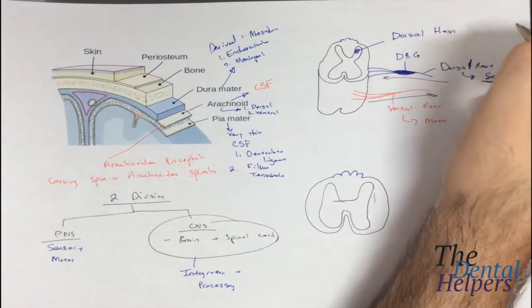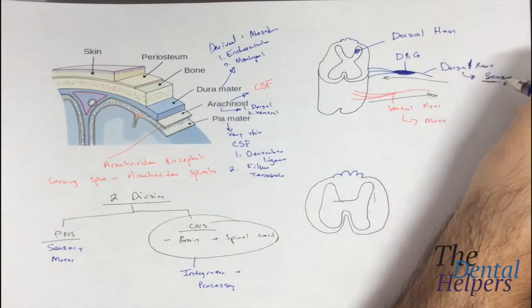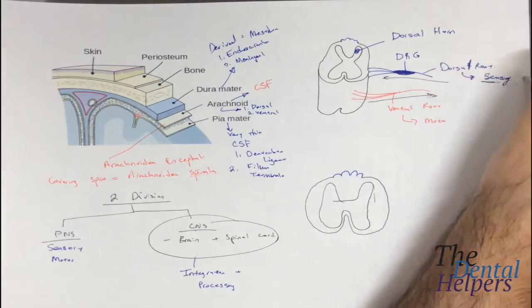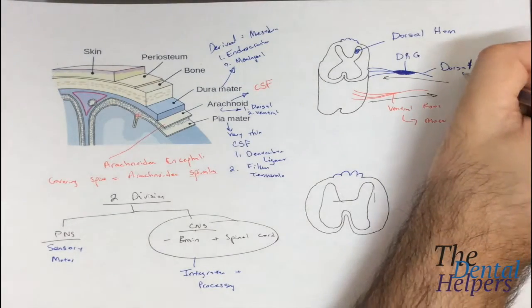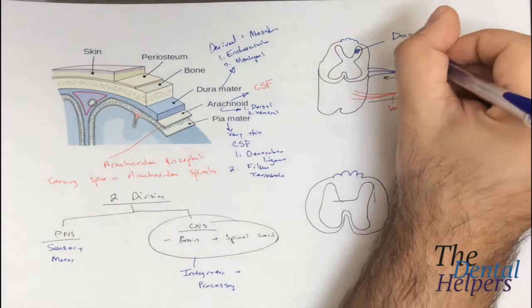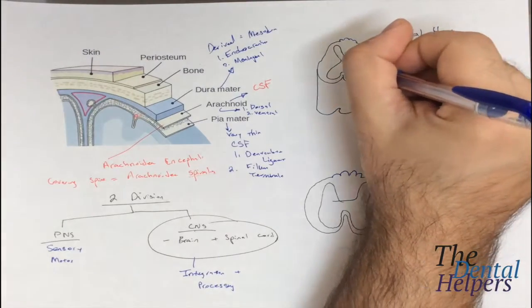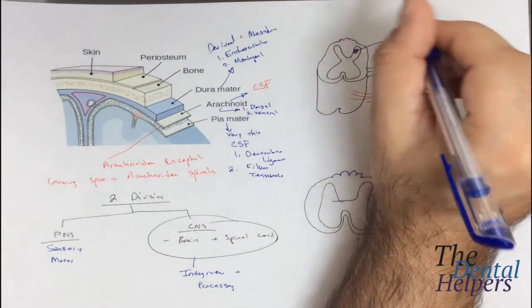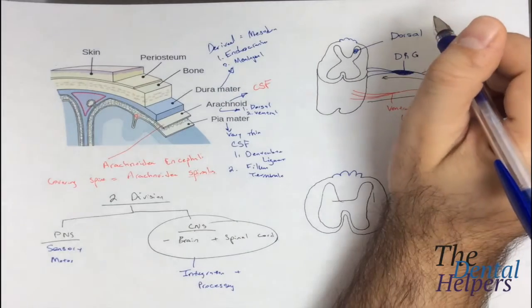So as I said, we have the hand on the hot stove, it's sensory, it takes it into the dorsal root. The dorsal root ganglion sends the signal up the dorsal horn to the integrating center.